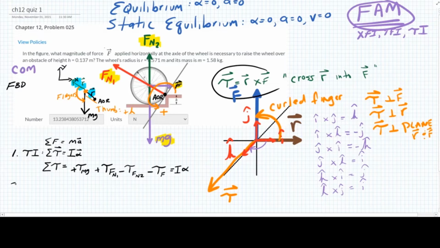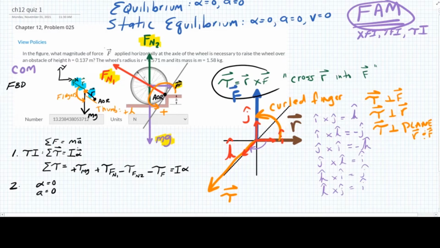And the next thing you have to talk about is acceleration. Alpha equals 0, A equals 0.